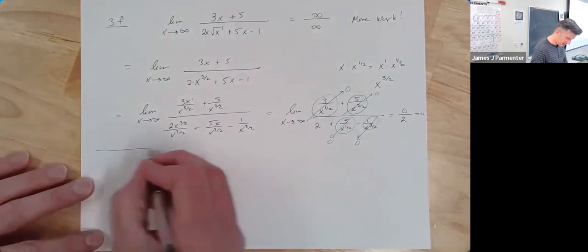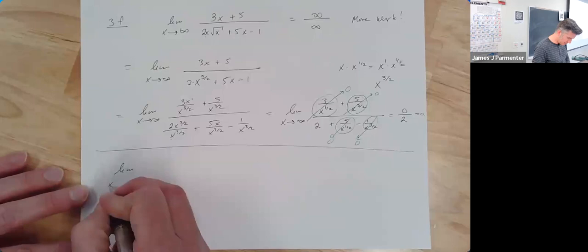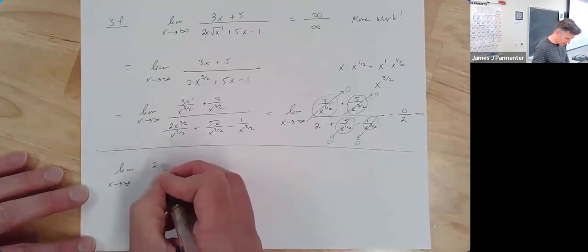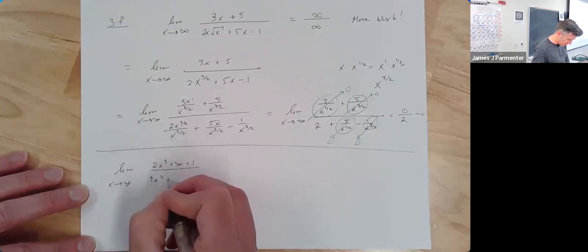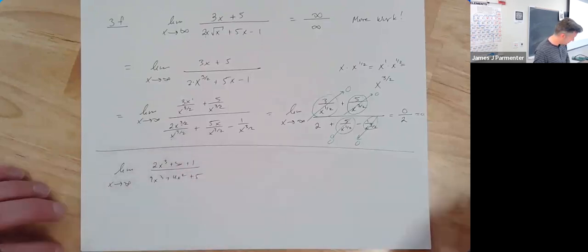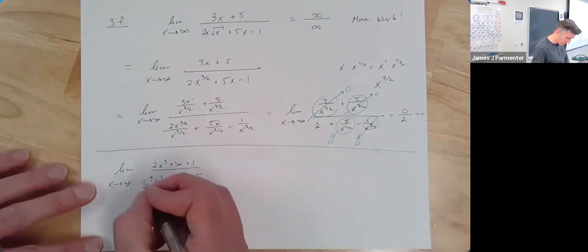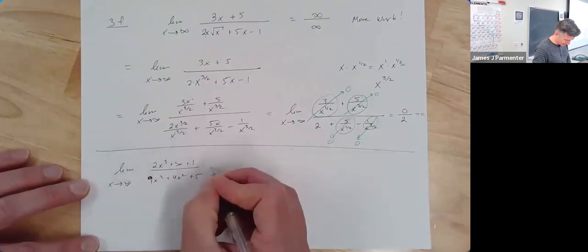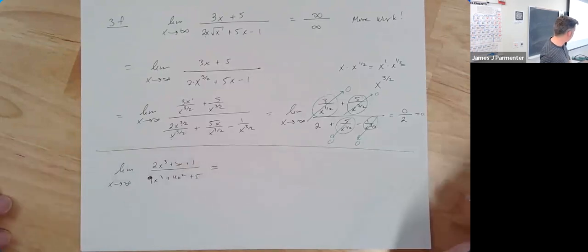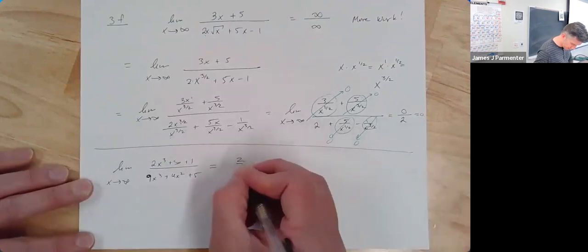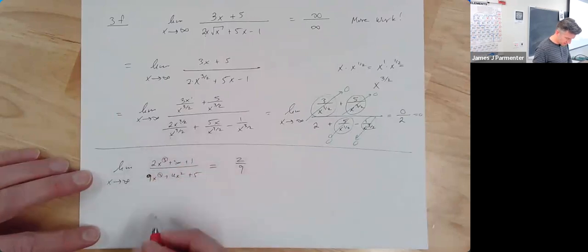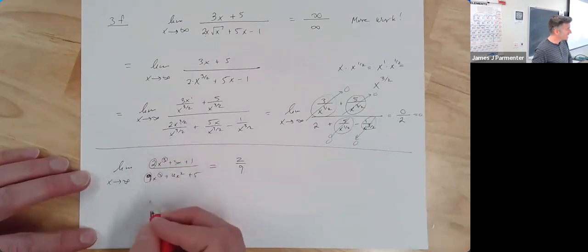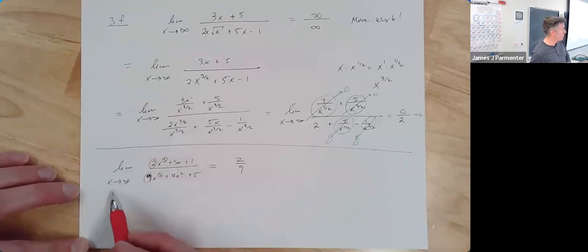Just to clarify, if instead I'd said, what's the limit as x goes to infinity of 2x cubed plus 5x plus 1 over 9x cubed plus 4x squared plus 5, you would still need to show work, in my opinion, but I expect you all to tell me that the answer is what lovely fraction? Right, 2 over 9. Because the degrees are the same, the limit is going to be the limit of the leading coefficients, as long as it's x going to plus or minus infinity.